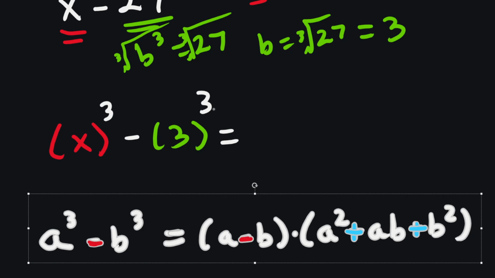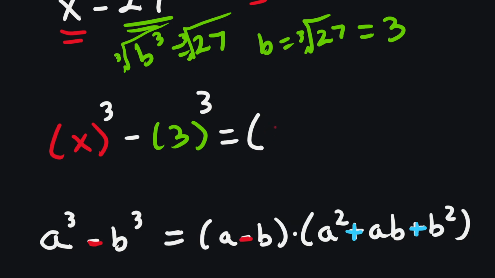So our formula states that a cubed minus b cubed is a minus b, so x minus 3, times a squared, which is x squared, plus ab, which is x times 3, which we can also write as 3x, plus b squared.